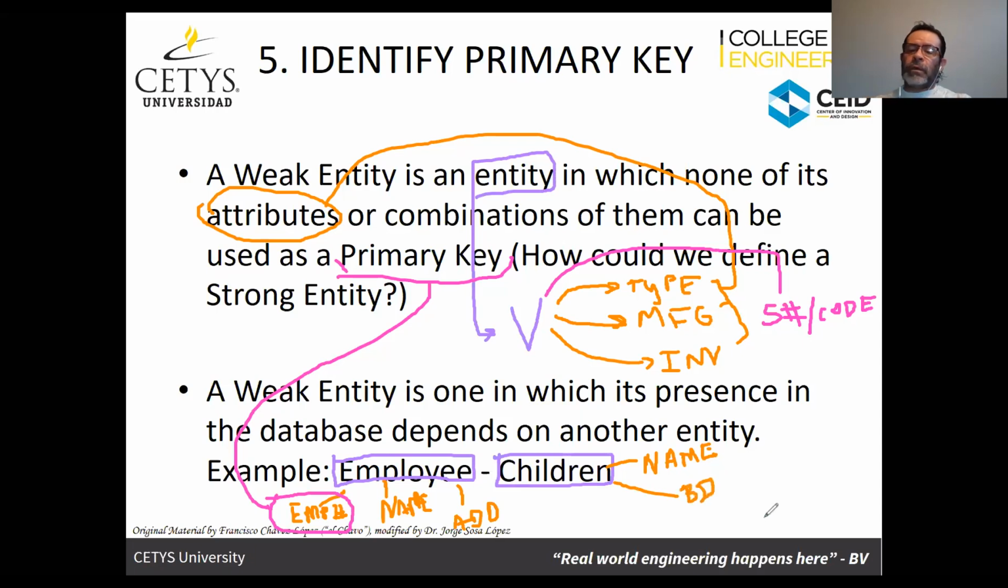Okay. If the only attributes the children have are the name and the birth dates, then it's a weak entity because there isn't anything that can clearly identify the child uniquely, because there could be two children that would have the same name. It's improbable, but possible. And with the same birth date.